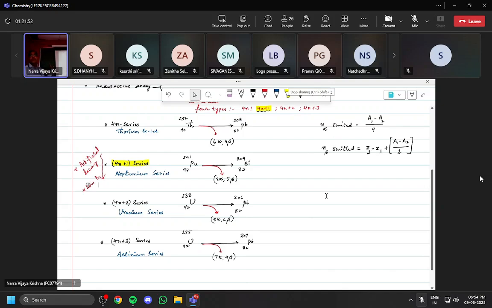Clear? Now see this. Naturally, how many types of isotopes of lead are found? 3. Lead 208, lead 206, lead 207. This confirms this method of explaining radioactive decay is correct. If there were any other decay process, I should get some other isotope.